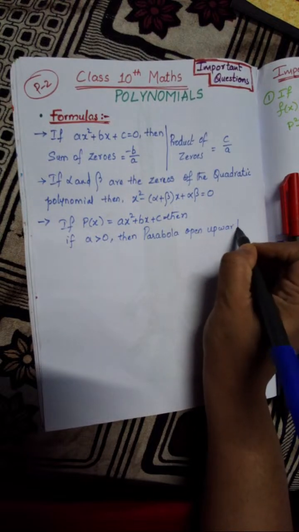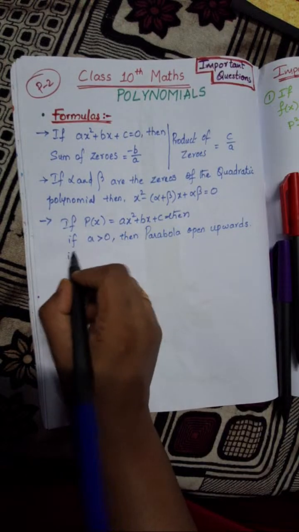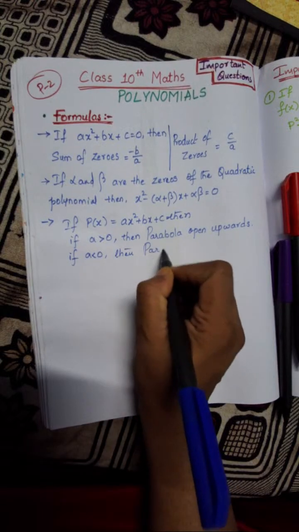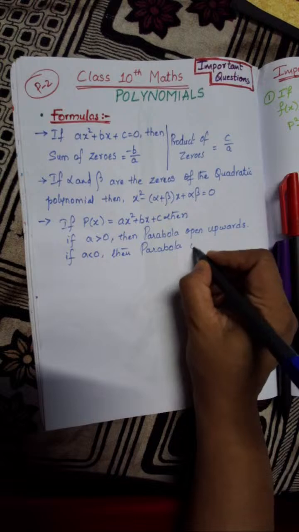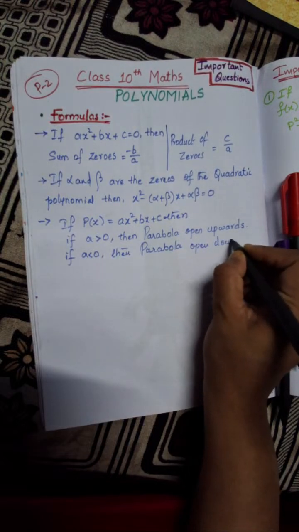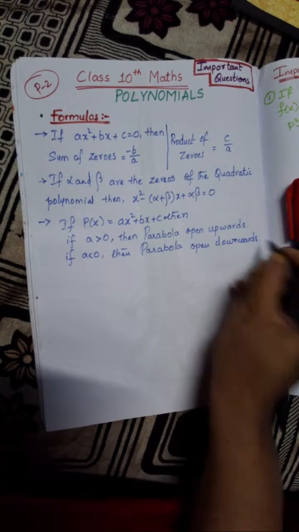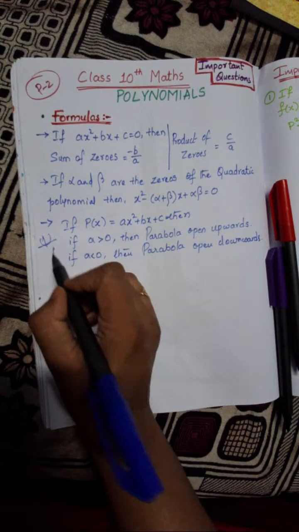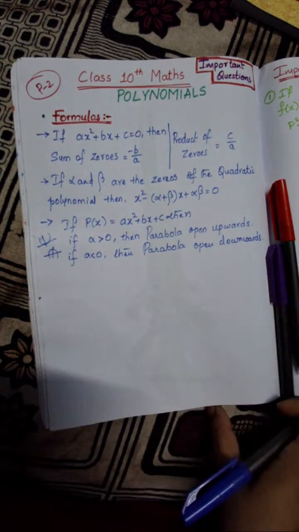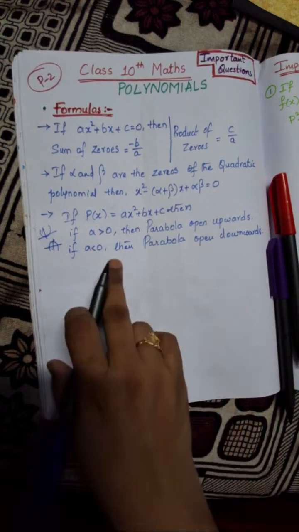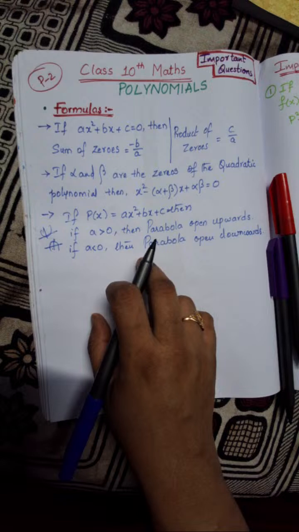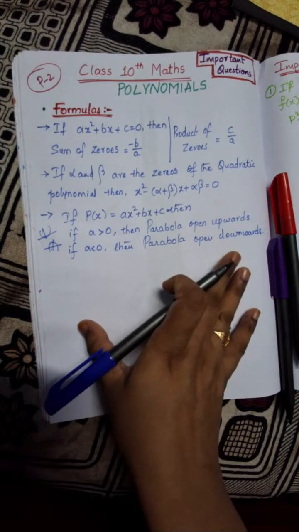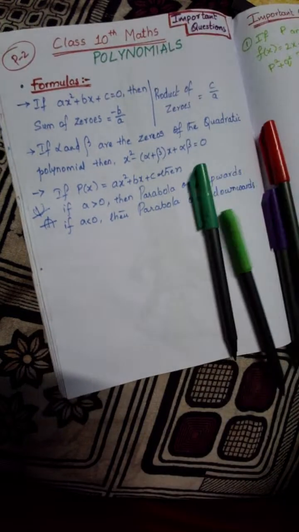If a is less than 0, what will you get? The parabola opens downwards. This is used in graphs only, children. Upwards means like this and downwards means like this. So these are the important formulas used in this polynomial chapter. Based on these only we will get the questions, so please remember these important formulas.